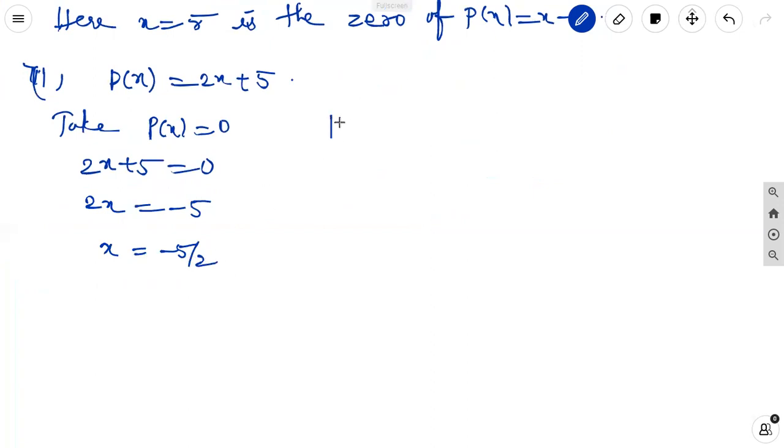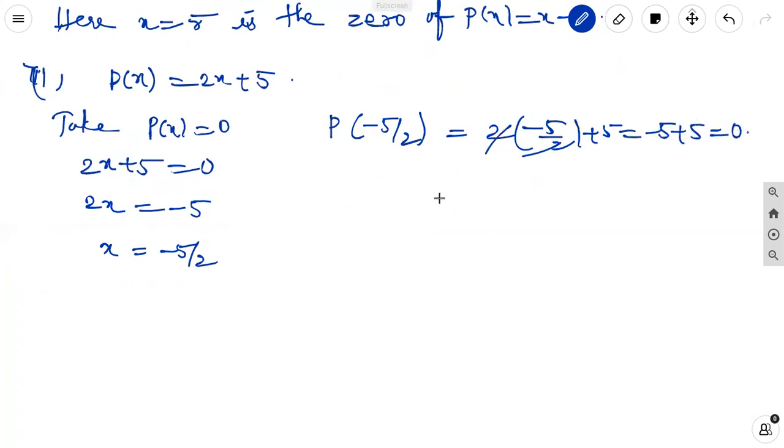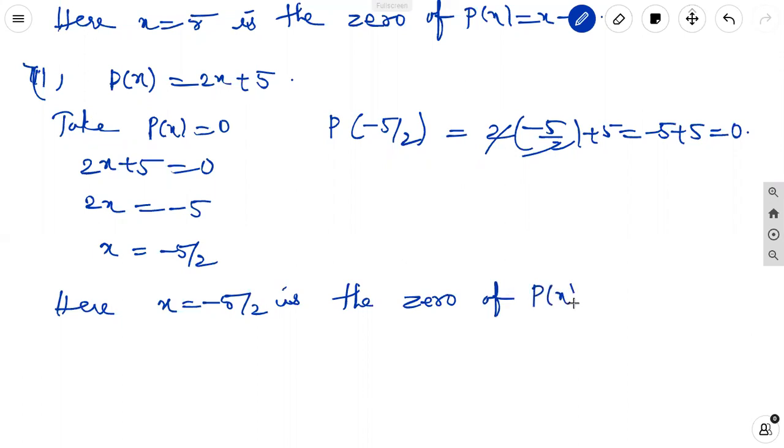Check it. p of minus 5 by 2 equal to 2 into minus 5 by 2 plus 5. The 2s get cancelled. It's minus 5 plus 5 equal to 0. Here x equal to minus 5 by 2 is the 0 of p of x equal to 2x plus 5.